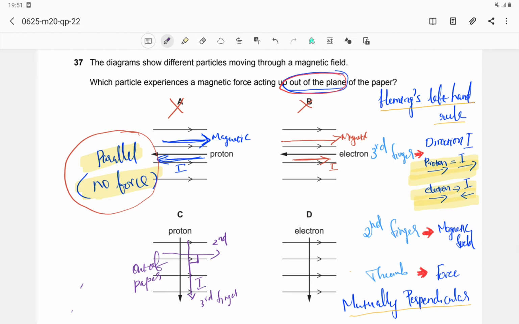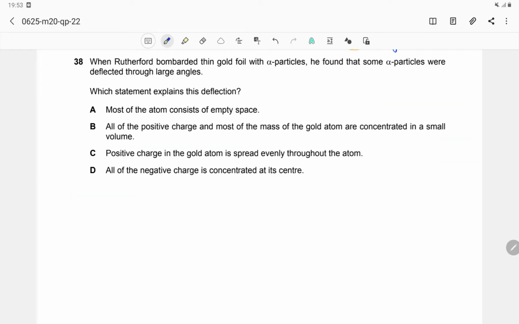That is what is asked in the question: the force should act out of the plane. So in option C, the force is acting out of the plane. Hence the correct answer is option C.